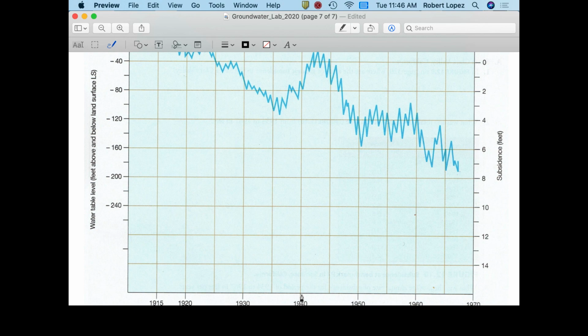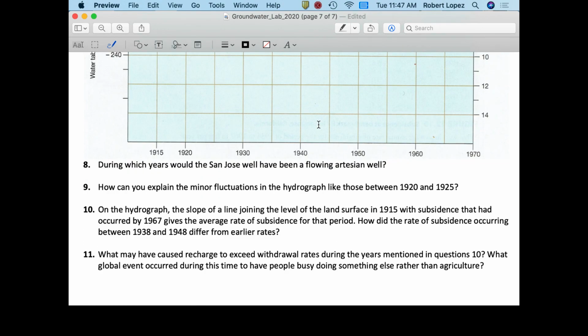And so the groundwater was allowed to infiltrate, and we reduced the subsidence. So what was happening during this time? I think that's a question. So for this one, we're saying that there was a positive recharge, right? So you can word this in your own words for number 10.